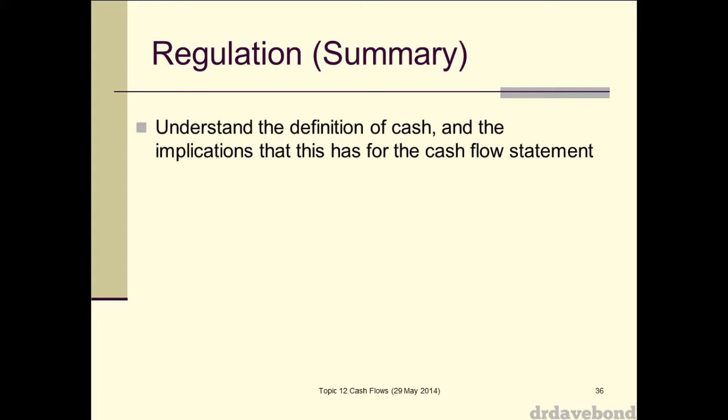Because what we've told you is we have given you profit and we've given you retained earnings. So we know what retained earnings have changed by and we know what profit is. You can work out what the difference is, and that's going to be a dividend effect, assuming there's no other movements in reserves. So you could actually work it out that way.